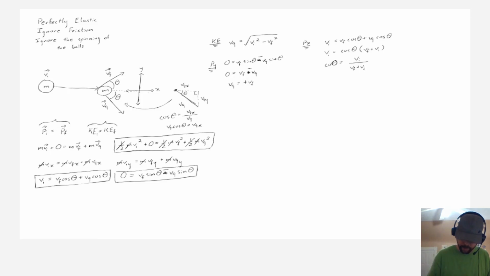Oh, you know what? I wanted to solve the kinetic energy for velocity initial. So it's almost the same thing, but it's going to be velocity initial equals the square root of, make sure I'm doing everything correct here, velocity initial equals the square root of velocity final squared plus v9 squared.